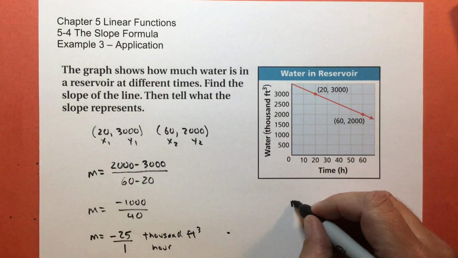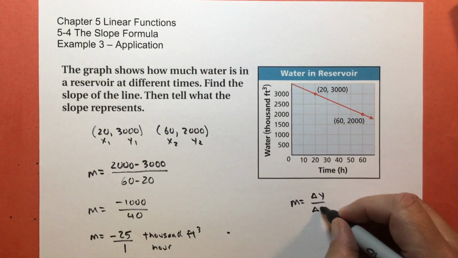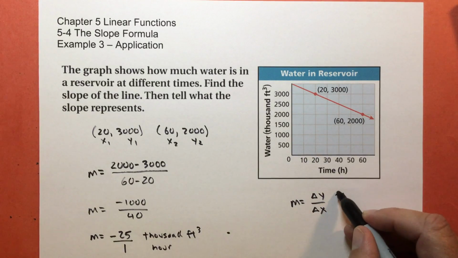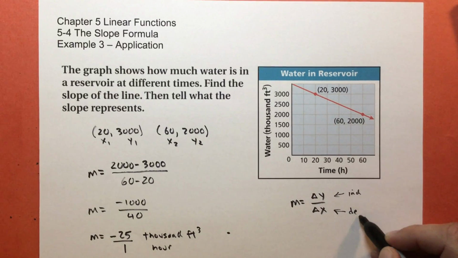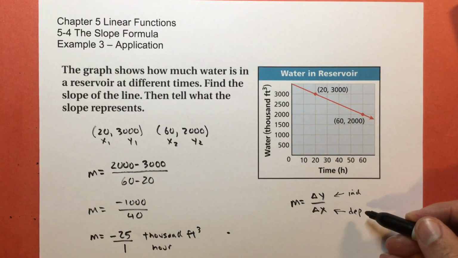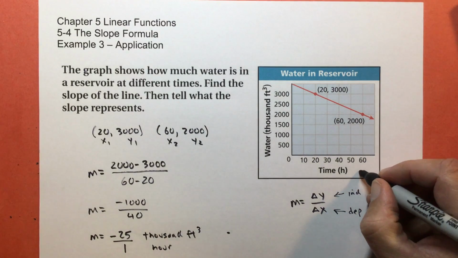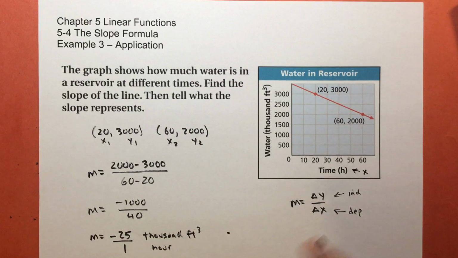Remember that the slope or the rate of change is the change in y over the change in x. This is the independent variable. This is the dependent variable. How do I know what the independent and dependent variables are? They're on my graph. So this is the x. That's why I say per hour.